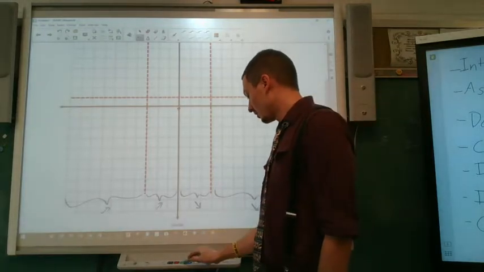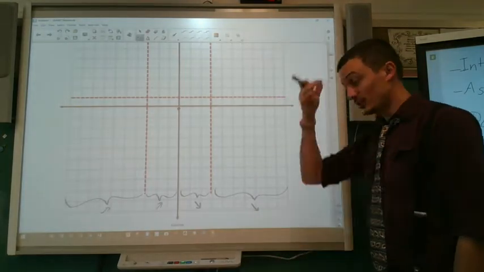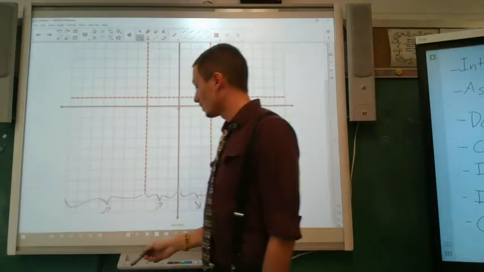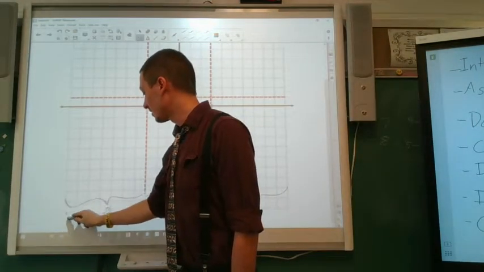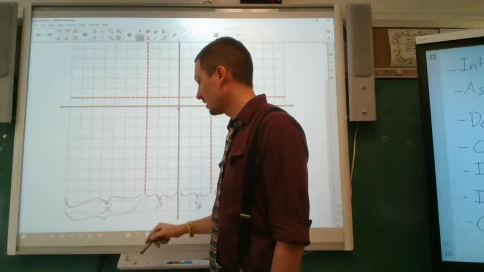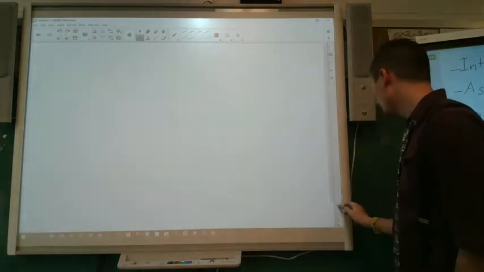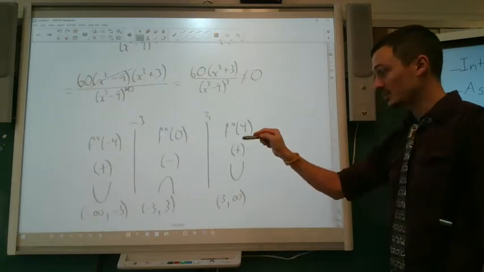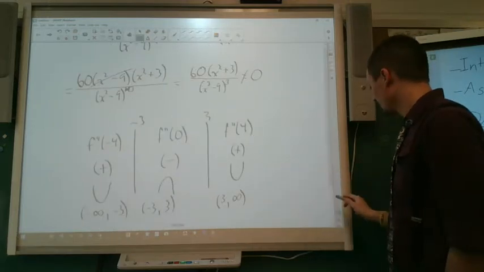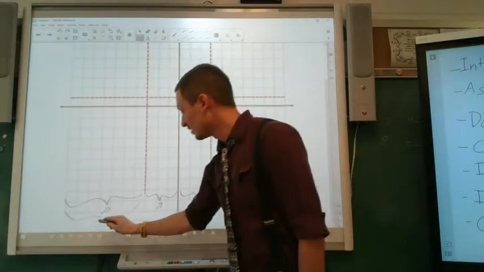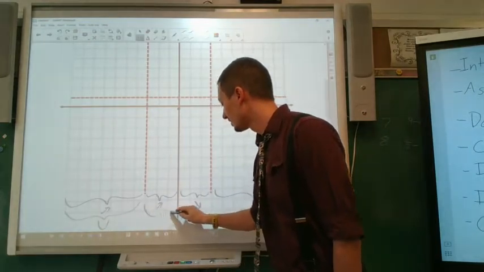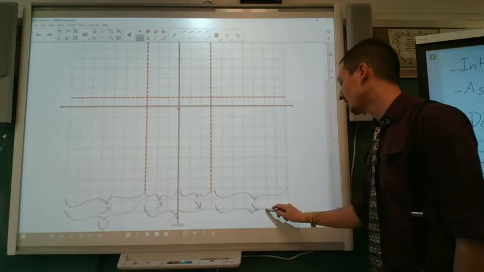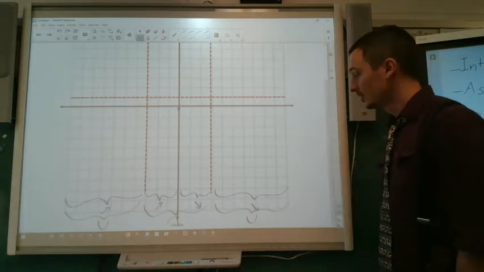Our only points of inflection are where there are asymptotes. So in this domain, it's up, down, up. So this first domain is concave up. The second domain is concave down. And this third domain is concave up.